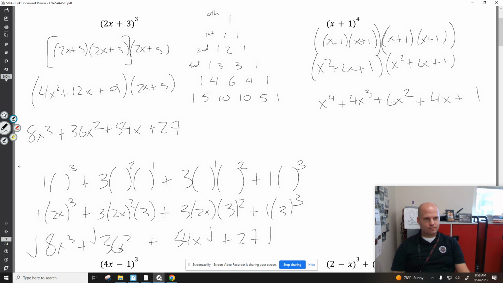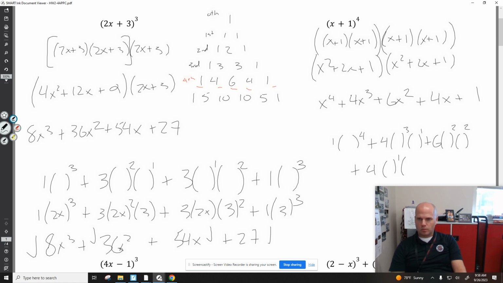Now, what do we notice? 1, 4, 6, 4, 1. Fourth power. Let me show you how it's done. Using the binomial theorem, you have 1 first term to the fourth, plus 4 first term cubed second term to the first, plus 6 first term squared second term squared, plus 4 first term to the first second term cubed, plus 1 first term to the 0 second term to the fourth.